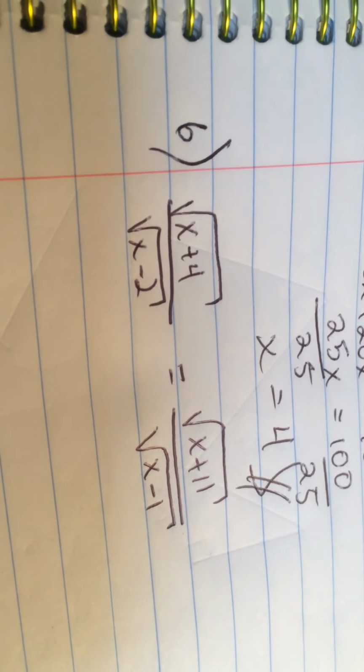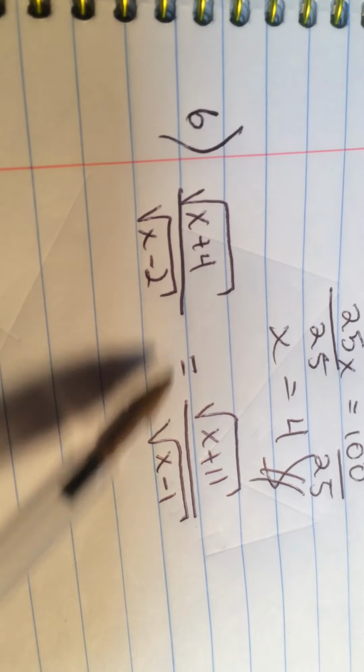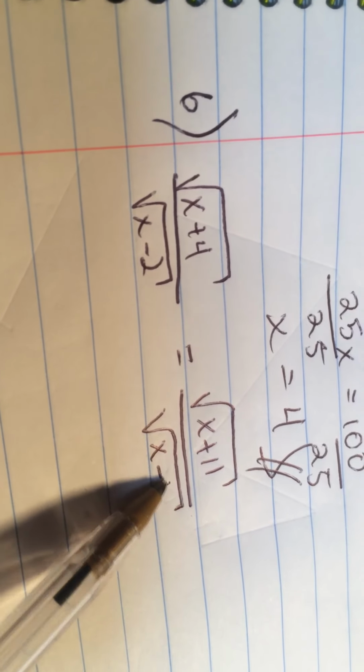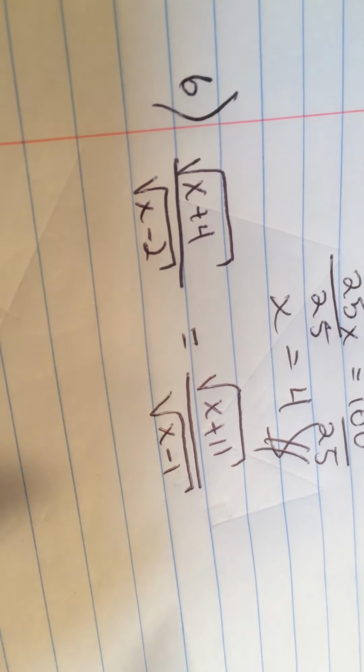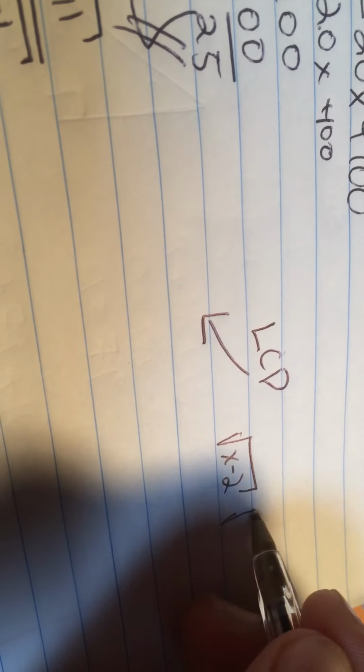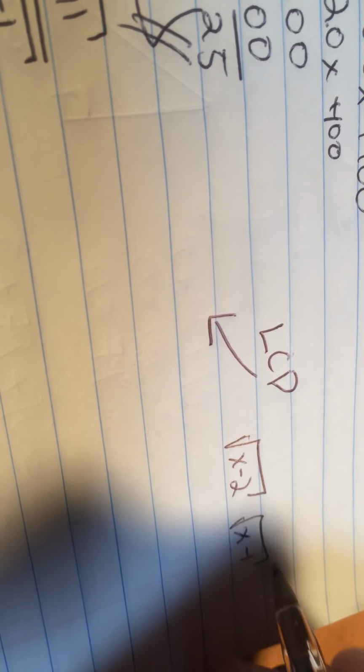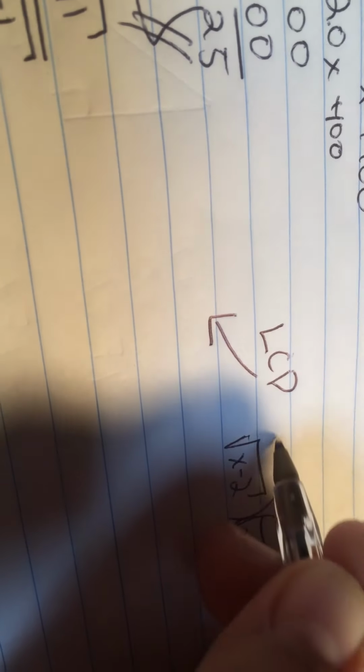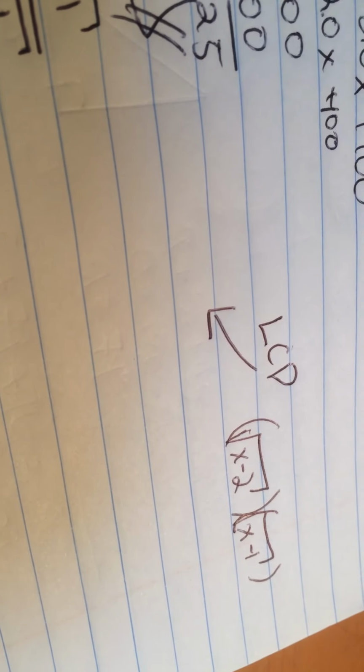Usually when we have two denominators that are different, the least common denominator is going to be the multiplication of both. So here we can say that the least common denominator of this exercise is going to be x minus 2, x minus 1, but with square roots, like this. You'll see what we do now.